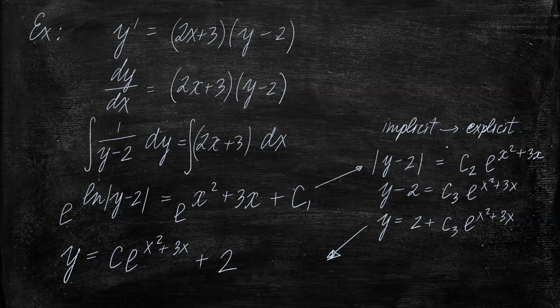So this is the general solution in explicit form. Now, if we had some initial condition given, we could use it to solve that initial value problem. Alright, let's do another example.